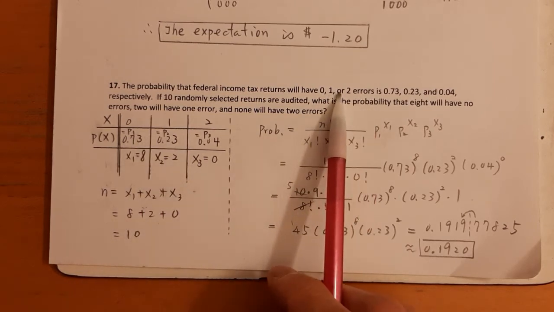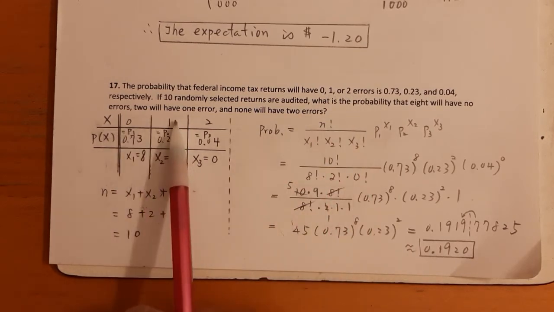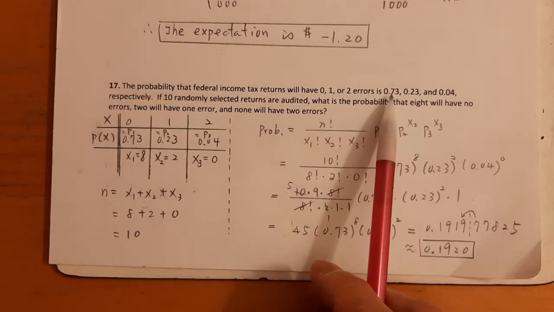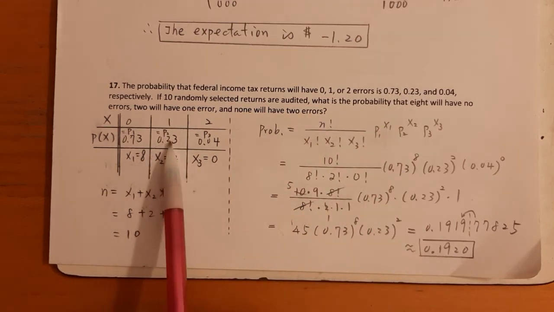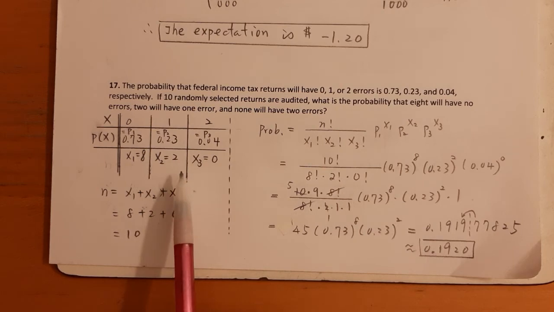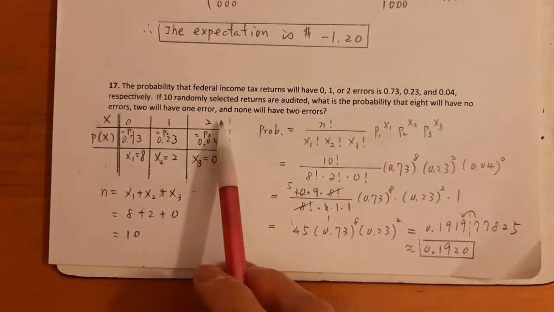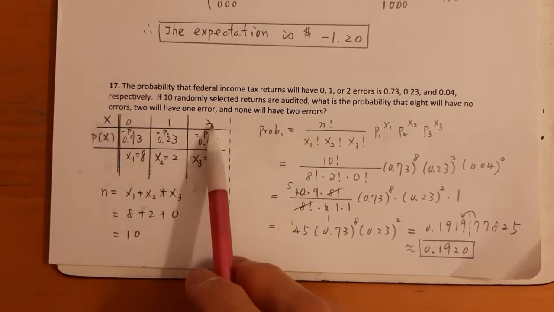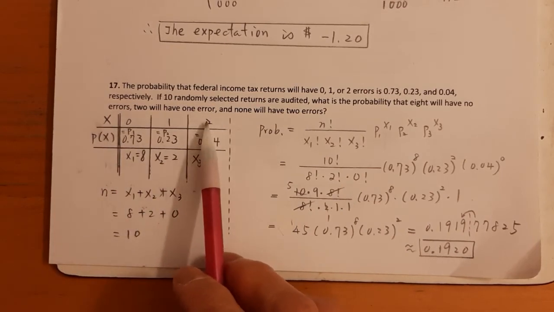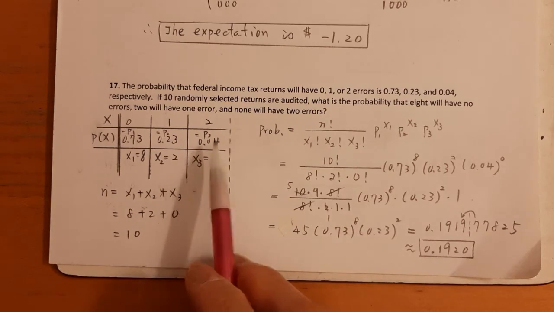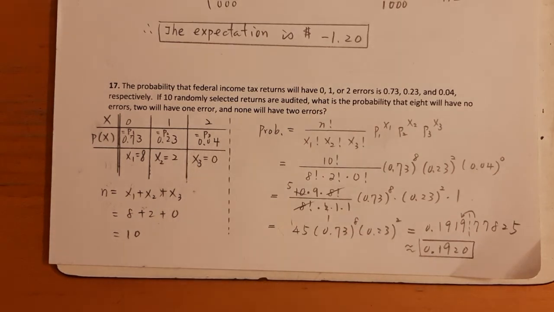If 1 error, x equals 1, the probability is 0.23. That's what we call P2. And for 2 errors, if x equals 2 errors, the probability is 0.04.